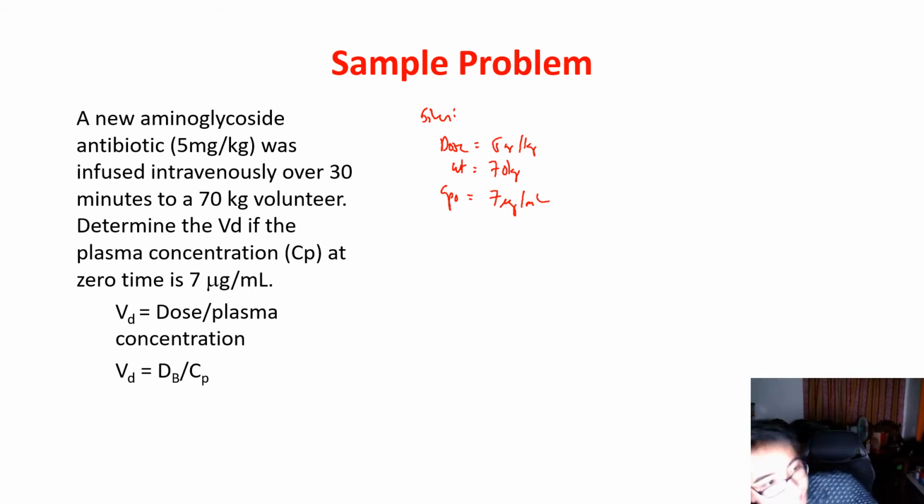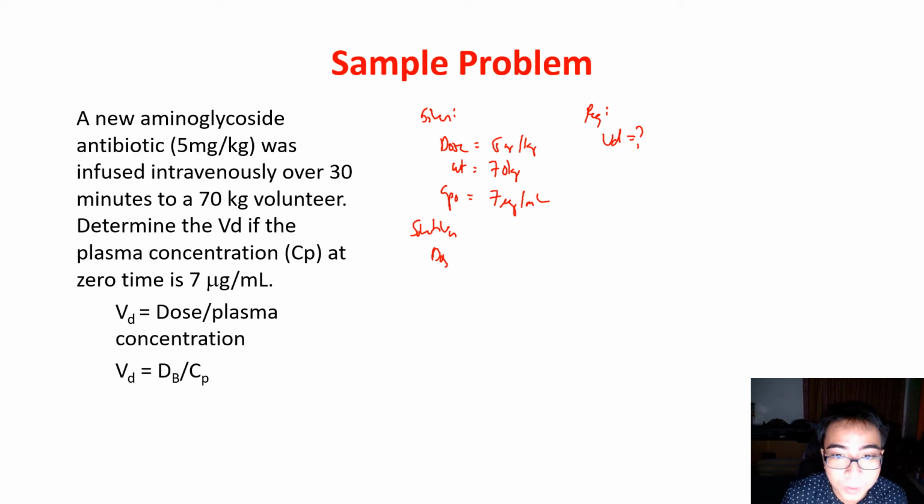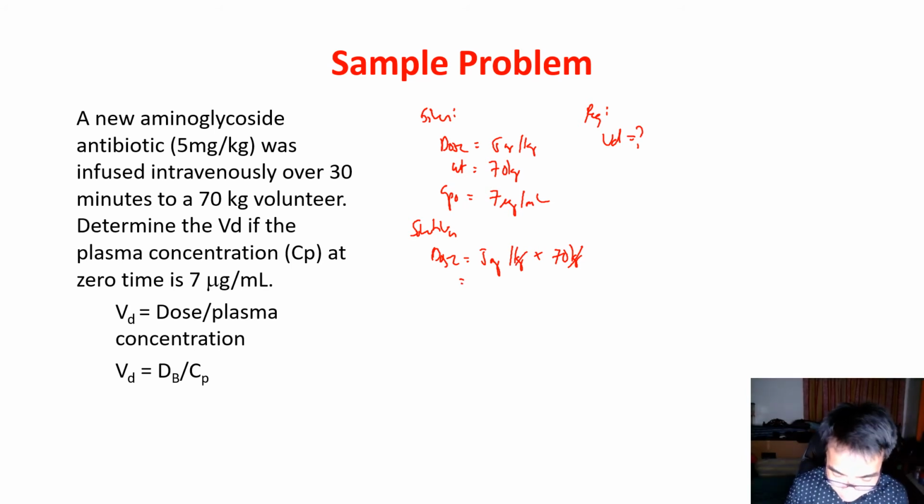So, let's get a calculator. The first thing we do, class, is compute for the dose. 70 times 5. The required is VD equals unknown. Solution: compute the dose. 5 milligrams per kilogram times 70. Cancel. 5 times 70, we have 350 milligrams.